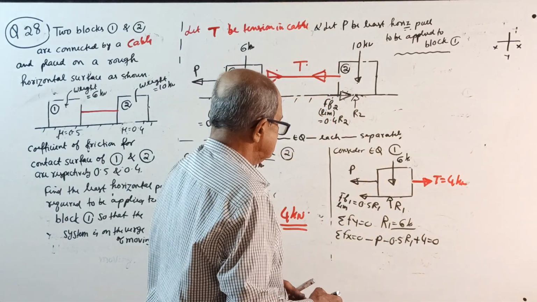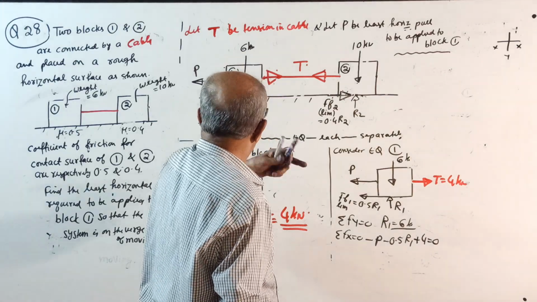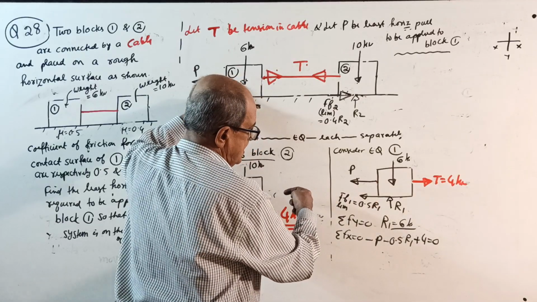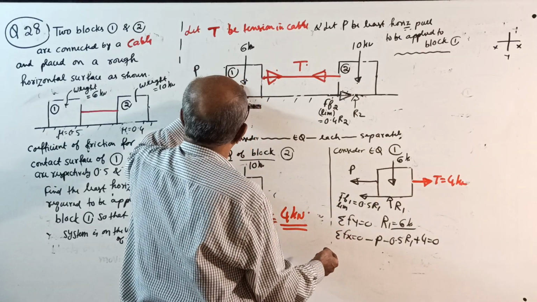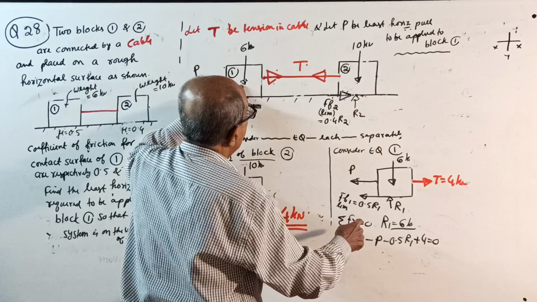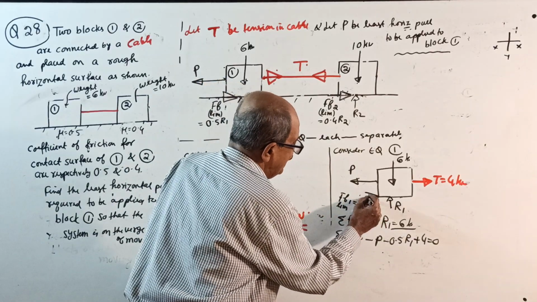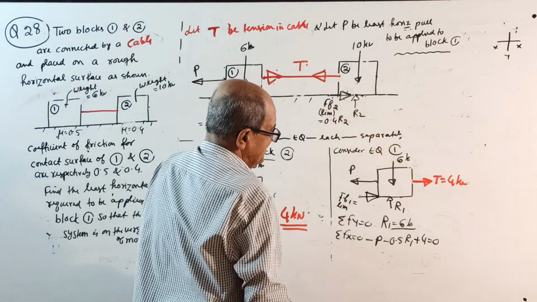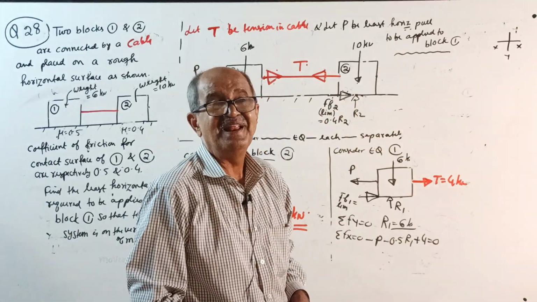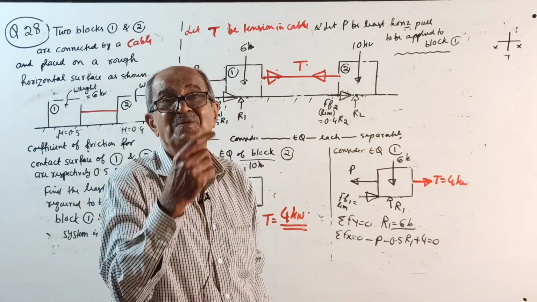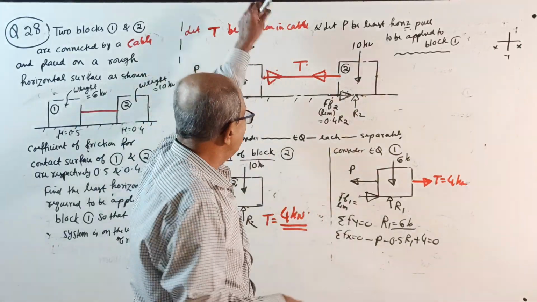Something wrong here, one minute. Oh, see, I can make out something is wrong. I forgot to change the friction, because I am not getting 7 kilonewton. This question originally it was 7. Same 7 has to come. You know the answer.